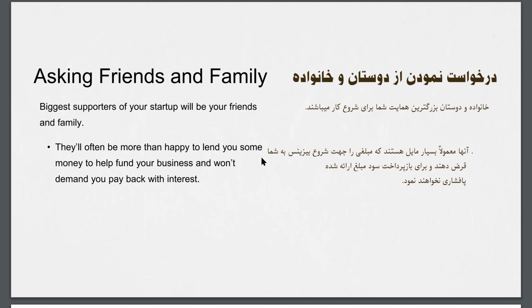And they also won't be super stingy about wanting the interest back right away, so there is more room for error in the repayment period.